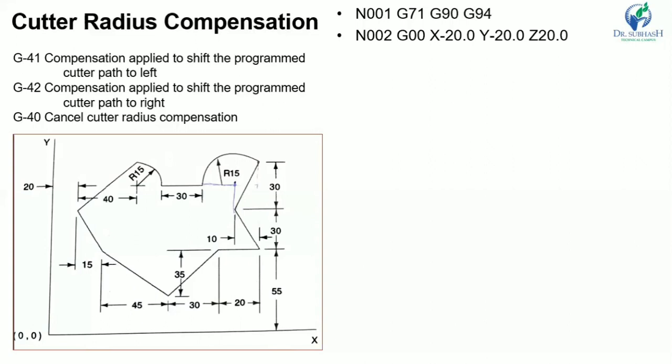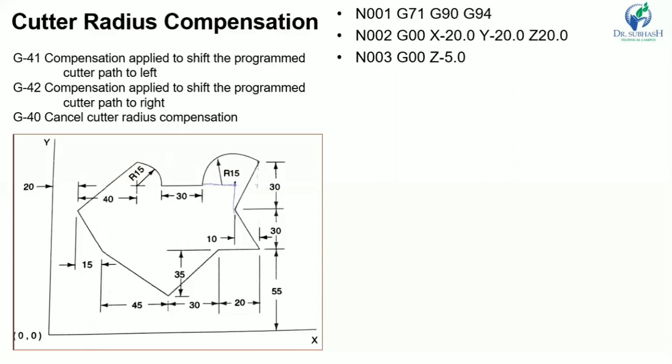So rapid traverse G00, then rapid traverse Z minus 5. That means now our cutter is 5 mm above the workpiece.